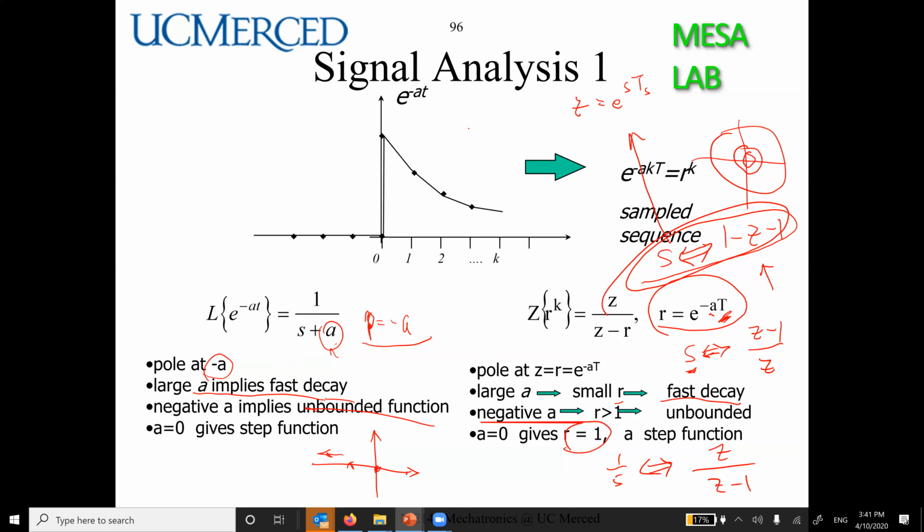But remember, if Ts is small, we know that e to the x is 1 plus x plus x squared and x cubed terms. I can simply ignore the high order terms since x is very small. So this is approximated as 1 plus sTs.